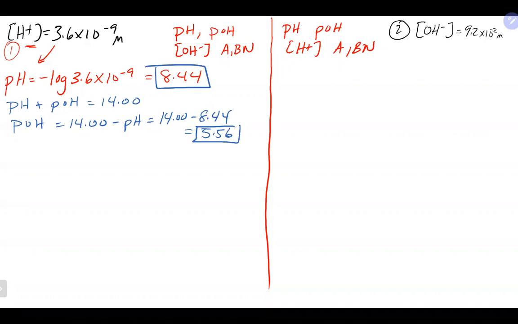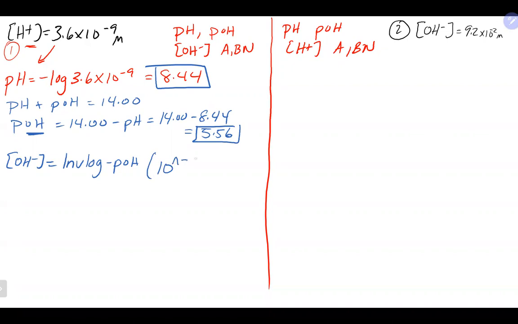At this point, I still have multiple options to get to the OH minus. Since it's a newer calculation, I'm going to take the pOH that I just calculated and calculate the OH minus by taking, once again, the inverse log of the minus pOH. When you punch that in properly on your calculator, you'll have a 10 and a caret.